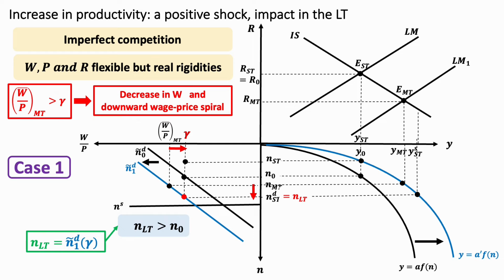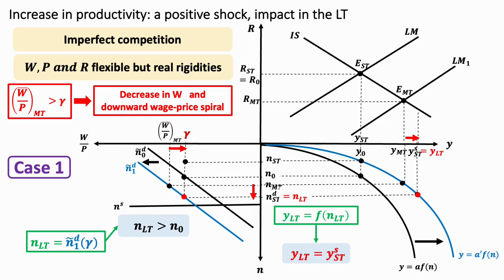So the firm hires more people and produces more. Employment and production are therefore higher than at the initial equilibrium.